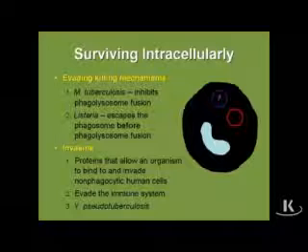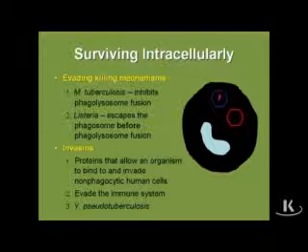So what I'm going to do is show you a little animation of how Listeria avoids killing by the macrophage. If you look at the depiction of the cell on the slide, we're in a macrophage. The pink organism in here is Listeria. It's in a phagosome. And here's your lysosome.